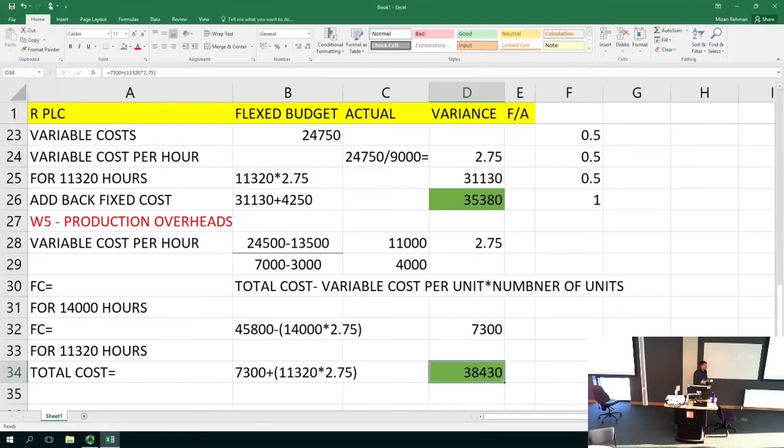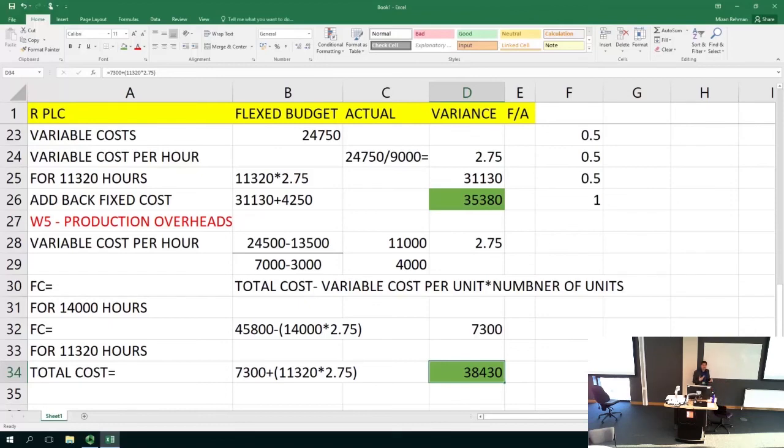So what basically we have done just for production overheads, we originally estimated that if we run 9,000 hours, it's going to cost us, as per the question, 30,000 pounds. So we have adjusted that figure for our actual activity. So for 11,320 hours, we should spend 38,430.